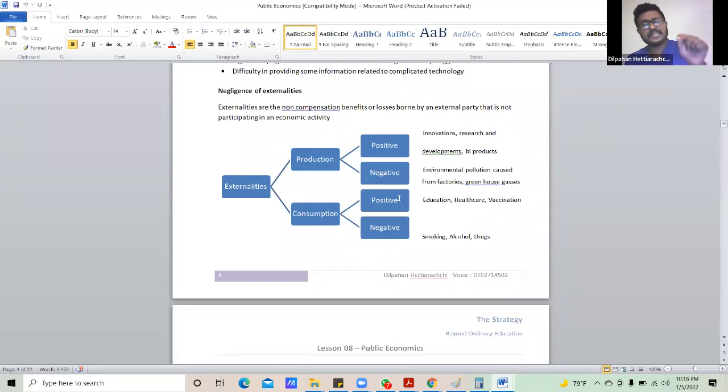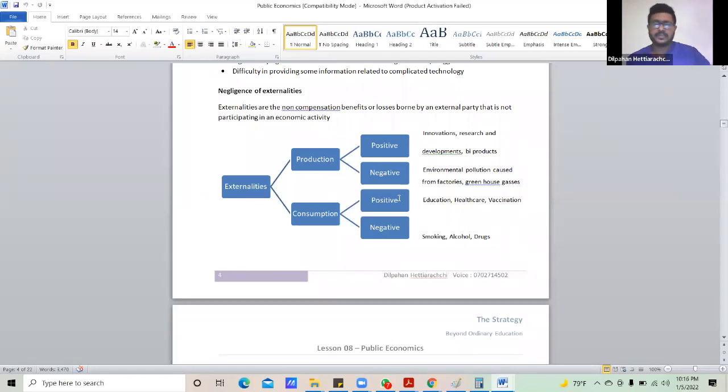But because of that activity, there is an external cost. So you guys, the people who really want to study something, learn something from me, right? They are getting a cost, right? That is what? External cost, externality, right?